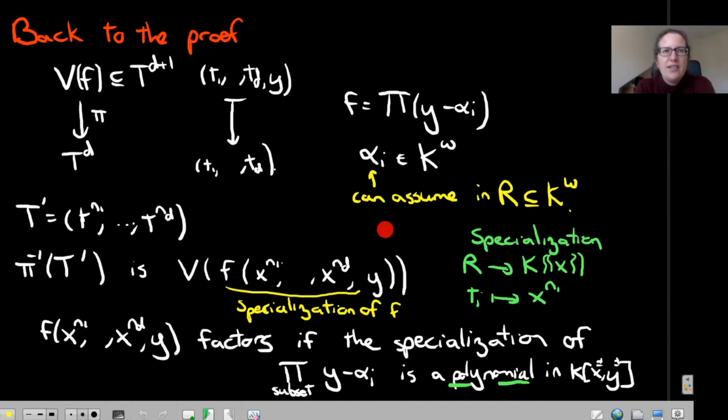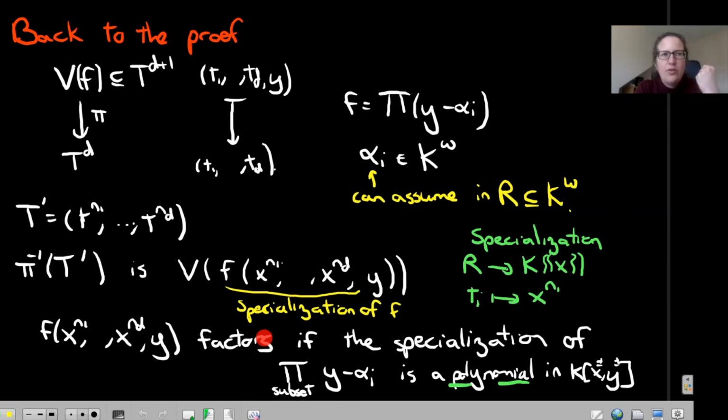Well, it factors exactly if I take a proper subset of the roots whose product is actually a polynomial. Because over the big field, over the algebraic closure, of course, it factors completely into roots. We're interested in whether it factors in polynomials. That's going to happen if the product of some of your y minus roots is itself a polynomial.